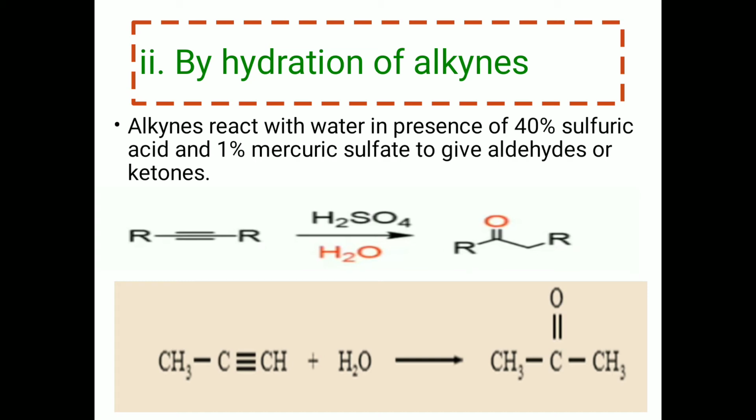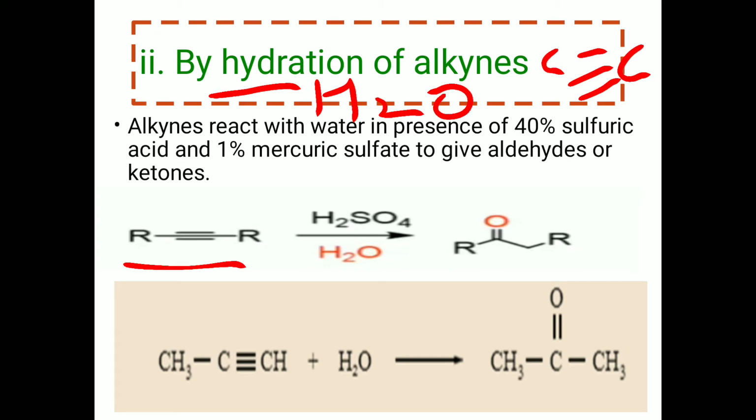Alkynes contain a carbon-carbon triple bond; carbon-carbon triple bonded compounds are known as alkynes. When they undergo the reaction with hydration, hydra meaning water, that is H2O, then with the carbon-carbon triple bond we get either aldehydes or ketones.